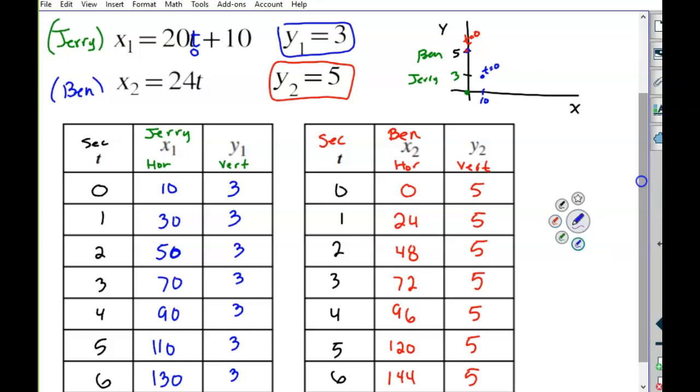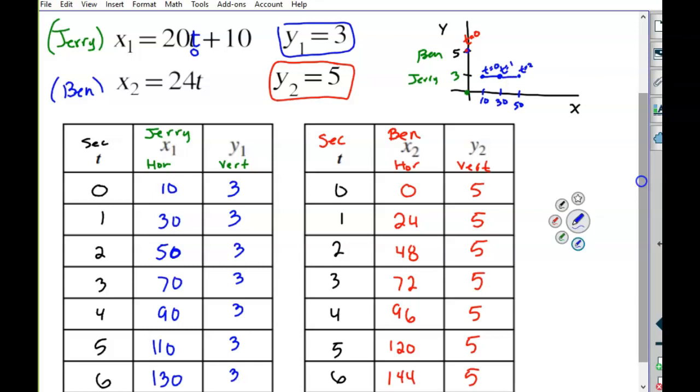And then if I go another, let's see, Ben goes 20 feet. So if I was 30 feet away, that would be Ben at 1 second. And then at 2 seconds, Ben would be at 50.